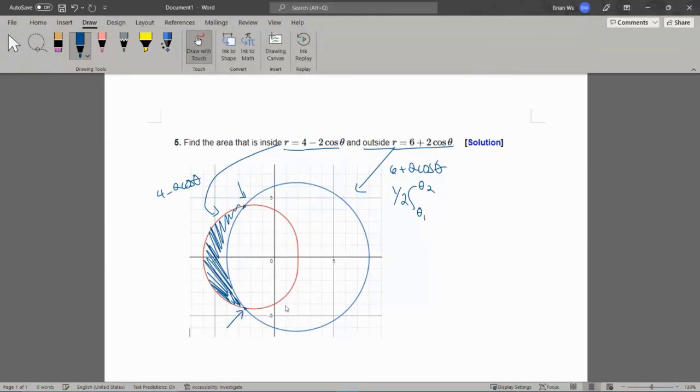What angles do they intersect at? That's most easily found by setting the two r's equal to each other and then finding which angle they intersect at. So that would be 4 minus 2 cosine theta is equal to 6 plus 2 cosine theta. And so we can do a bunch of math, move the 2 cosine thetas over.